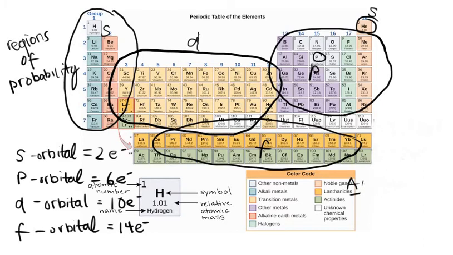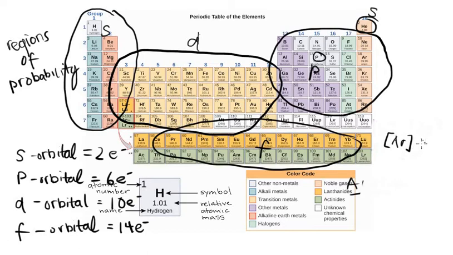Some of the exceptions are copper and chromium. Let's look at copper, for instance. If we follow the same order that we talked about, it should be argon, which is a shorthand way of writing it.